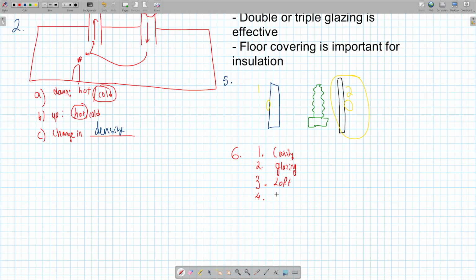The fourth answer is leaks. I think what they meant is, no, you have to fill in the blank: something insulation. Okay, and this is double or triple. I think they said double or triple, and you have to put glazing, and then walls with something insulation. I think that's what they meant. You had to fill in the blanks.